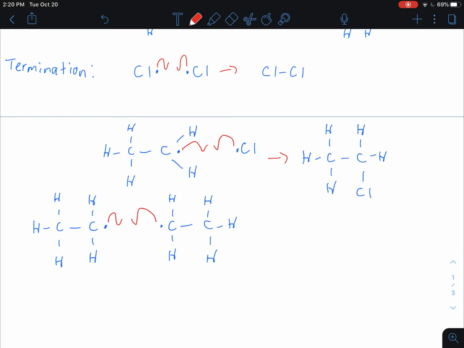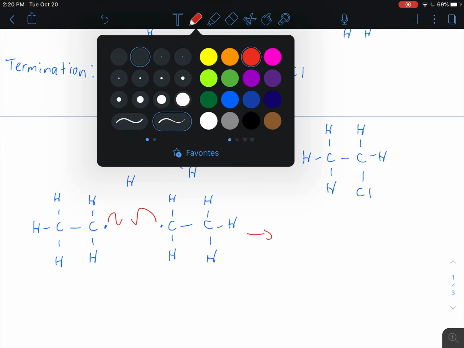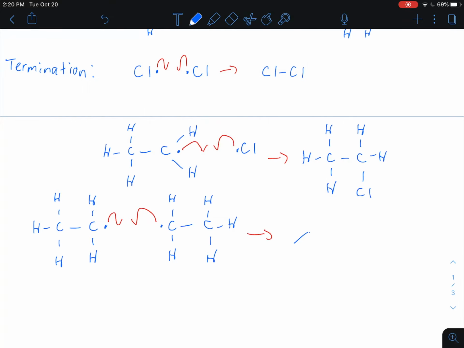So 1, 2, and then I just drew butane as a line angle structure, 2, 3, 4. And if we want a number, just to be clear, 1, 2, 3, 4, 1, 2, 3, 4.